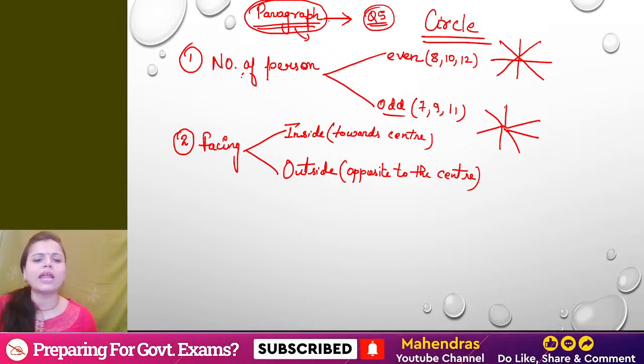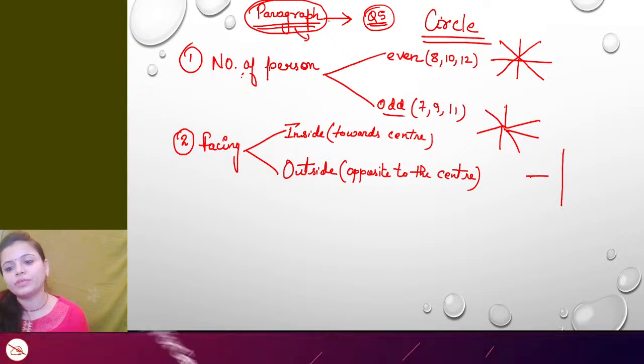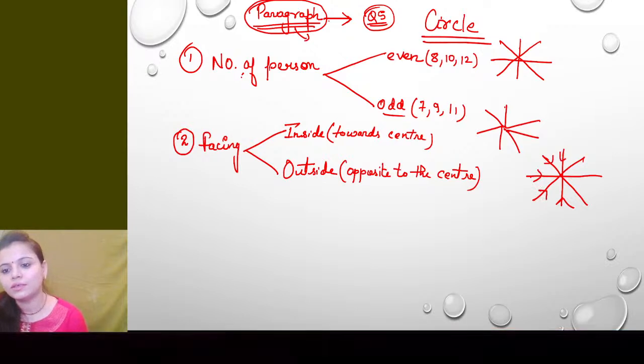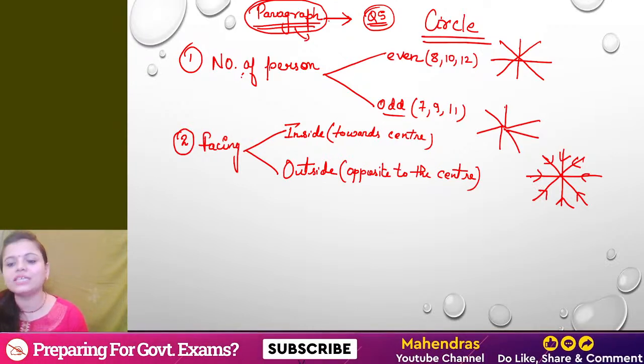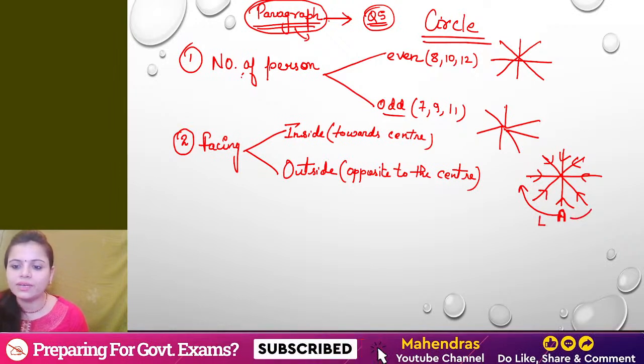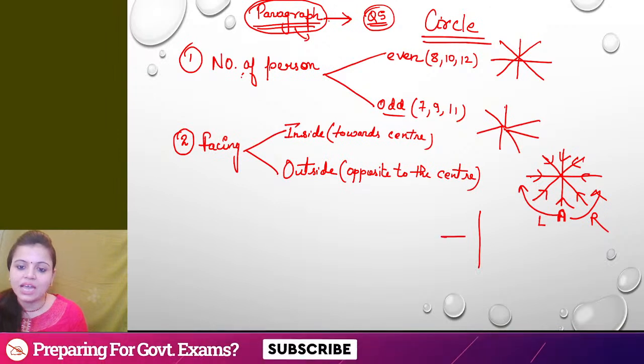From this inside and outside, you will get the right or left of the person. If all the persons are facing inside, and you put the first person, A, in this place, then this side is left and this one is right.